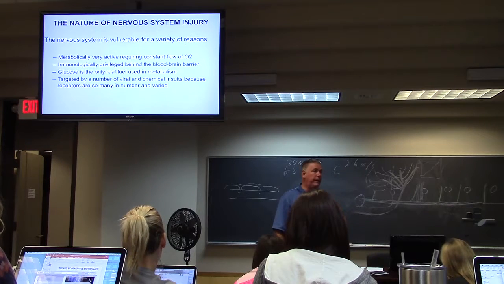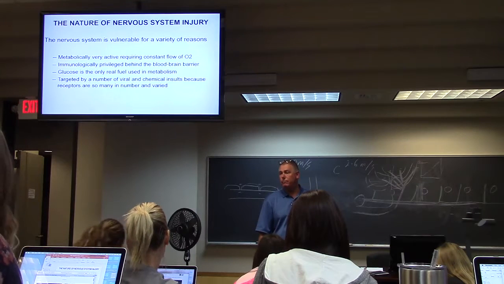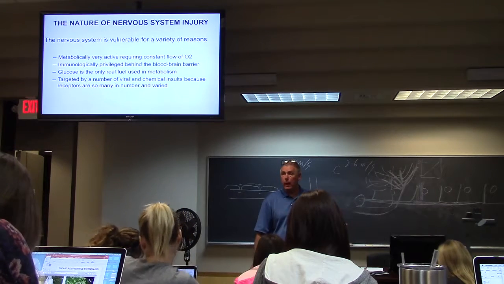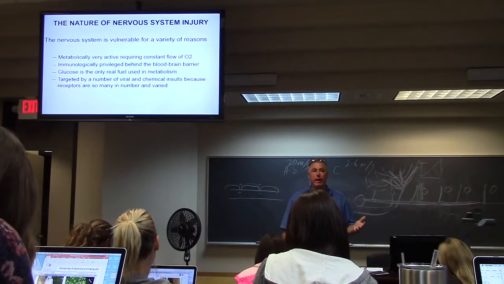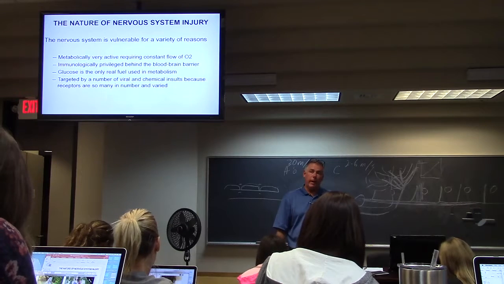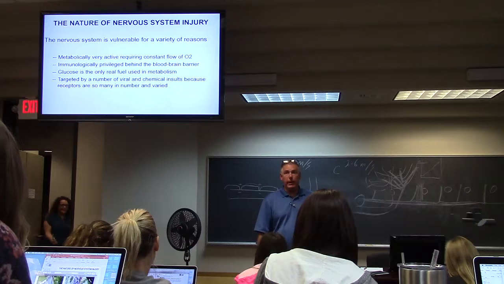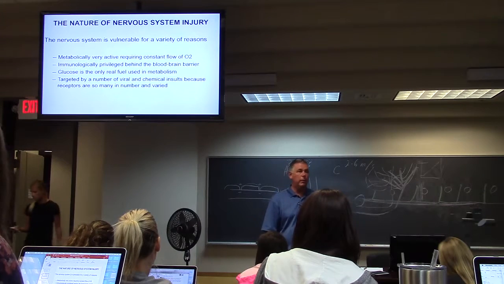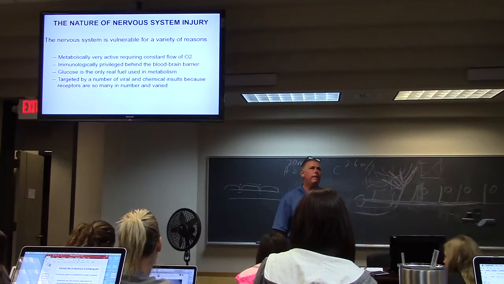Unlike the rest of the body that can use fatty acids and anaerobic glycolysis for energy, your CNS can't. It can only use glucose. And as I mentioned before, you don't need insulin to get glucose into a neuron. It freely flows in there.